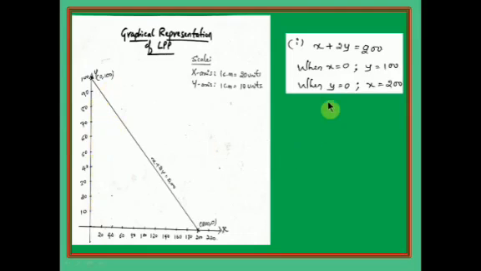That's why for this first value, look at the cursor, x equal to 0, y equal to 100 was there. Where is y equal to 100? Here y equal to 100 is there, and on this line x equal to 0 already. That means on this line x equal to 0. That's why for this point, coordinate values have been written as 0, 100. The x value is 0, the y value is 100. After that, y is equal to 0, x equal to 200. Where is x equal to 200?